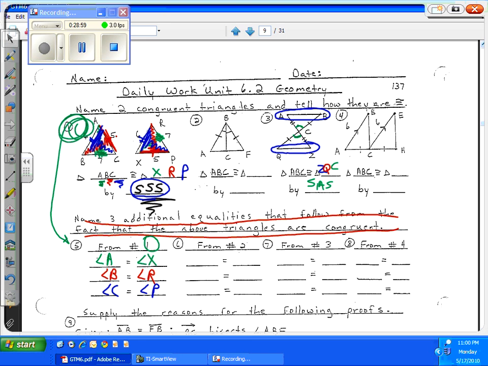They may really be exact and it will be deceiving to your eyes. You can actually measure and find out. But anyway, that third side we can say is equal, but look at how we have to name it. AB has to go with Z first, Q. So following from number 3, we can now say that AB is equal to ZQ.